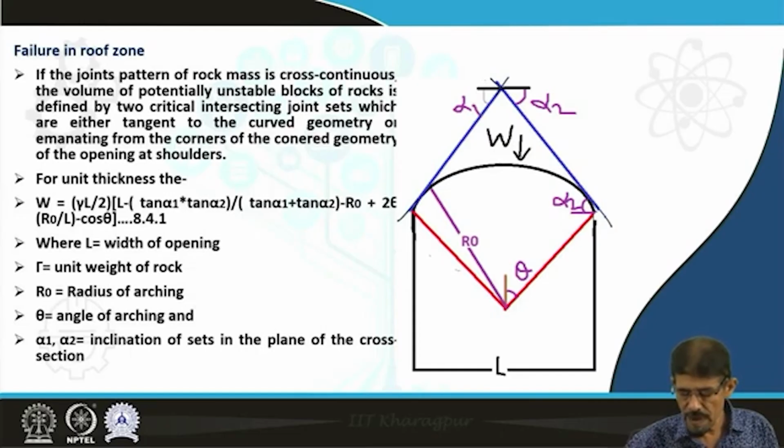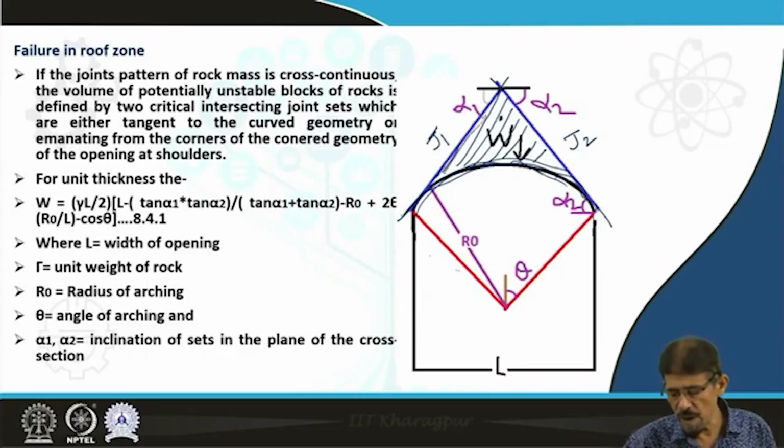As far as this concept is elaborated, you can see the J1 joint and J2 joint are responsible for formation of this type of block after intersecting each other and meeting at the shoulders of the opening. This block, under the influence of gravity, tries to move downwards.